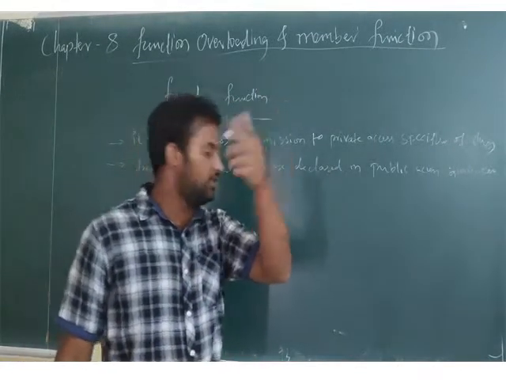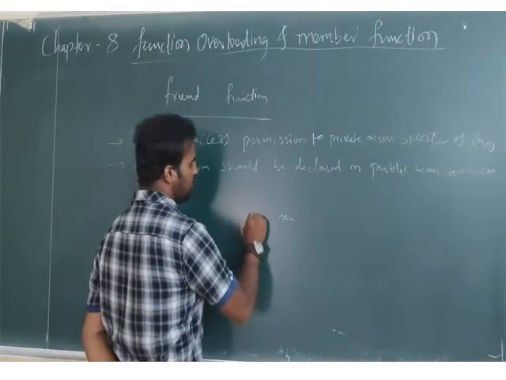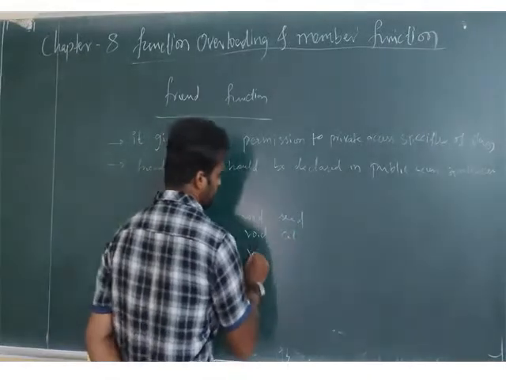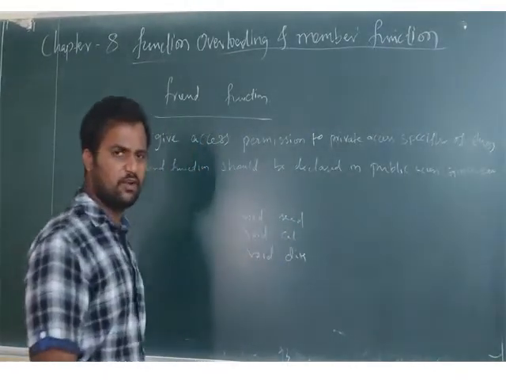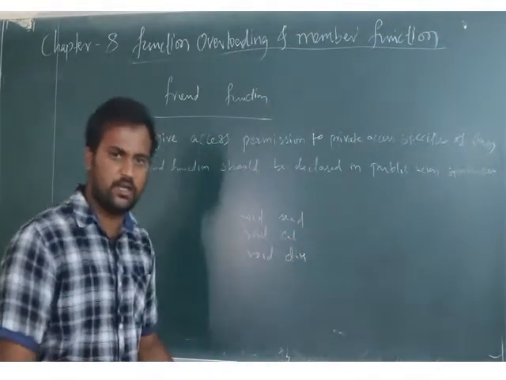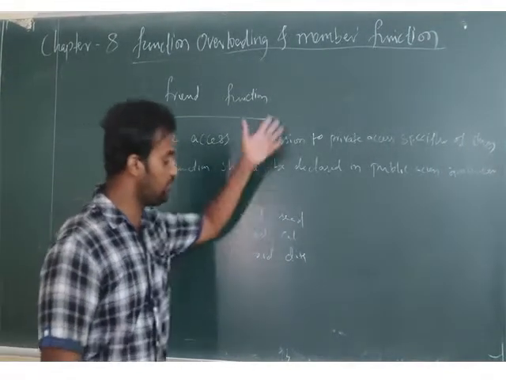Normal functions, normally there are three functions. Void reader, void calculator, void display. Three functions will be there. These three functions, say, instead of writing public, I will write it in private.